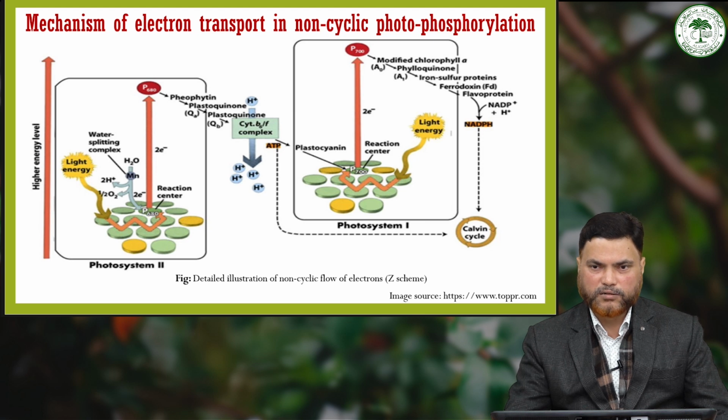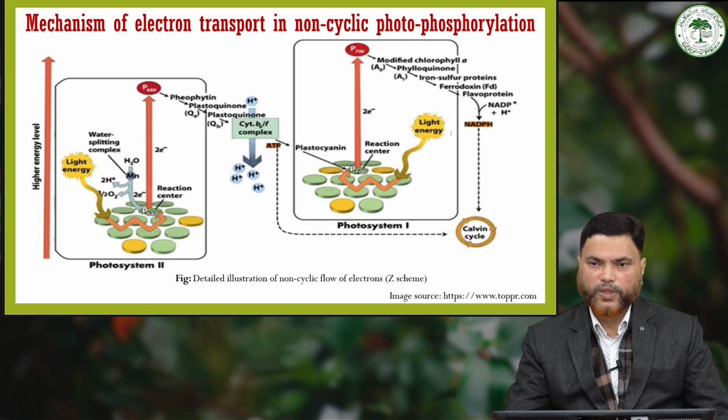However, because electrons lose energy along the way, they need to regain energy by absorbing another photon and become an excited state P700. Now, in terms of the source of electrons, photosystem 2 obtains electrons from the water molecules, which are split during the light dependent reaction of photosynthesis.